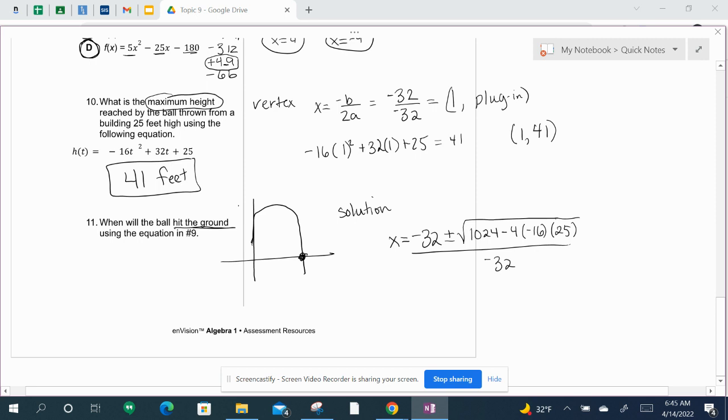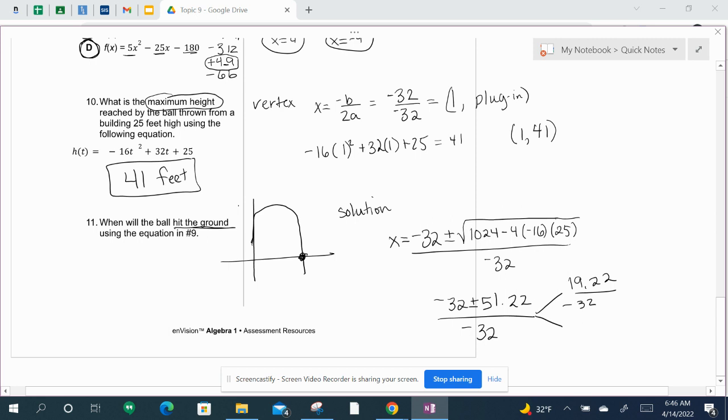Again, word problems, because we're talking about time, that can be a fraction or a decimal. So we'll go ahead and figure this out. Using our calculator, we'll take the square root of 1024 minus 4 times negative 16 times 25, and we get an answer of 51.22. So I have negative 32 plus or minus 51.22, all divided by negative 32, and here's where I split it up. If I take negative 32 plus 51.22, I get 19.22 divided by negative 32.